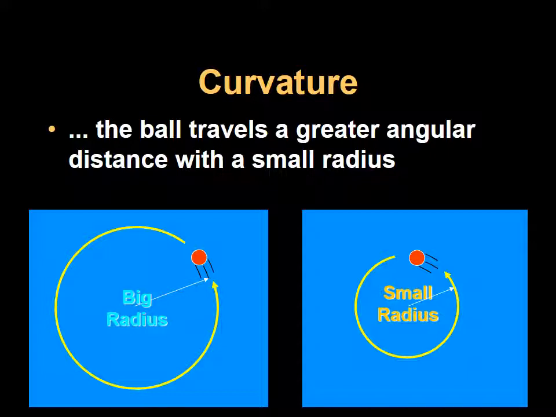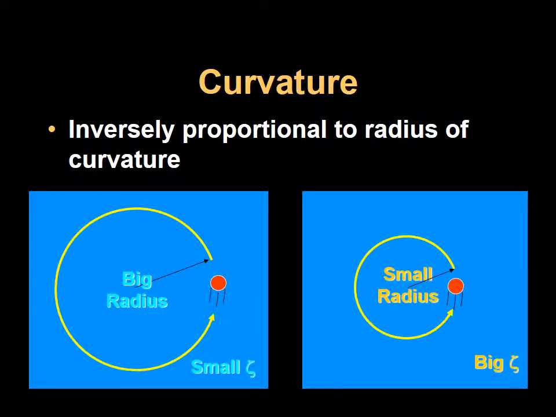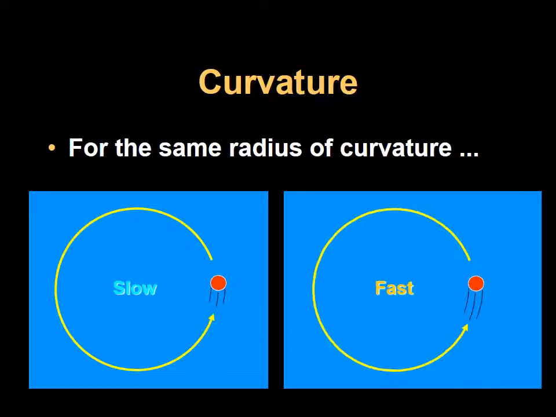Remember that vorticity is measured in terms of angles or degrees per unit time. So vorticity is greater for a smaller radius than for a bigger radius. Relative vorticity is inversely proportional to the radius of curvature. Small radius, big vorticity. Big radius, small vorticity.